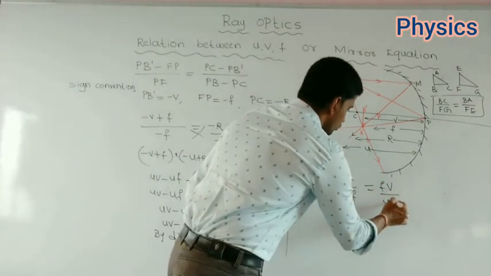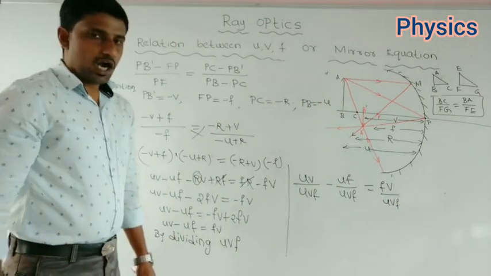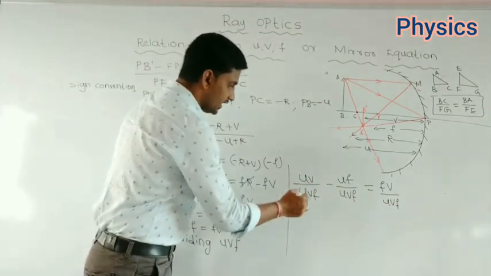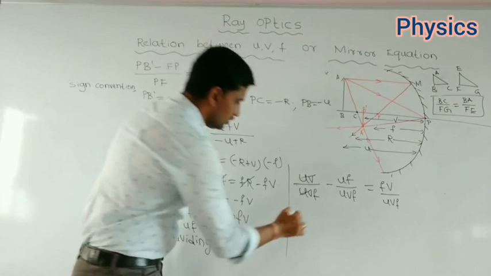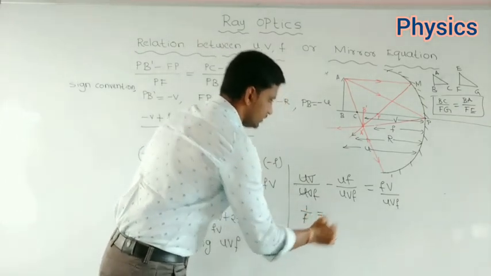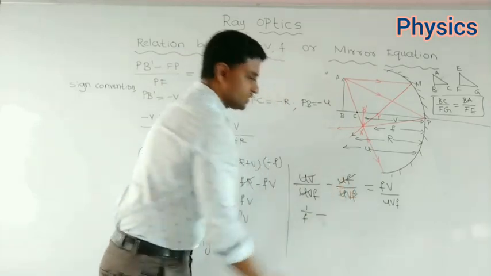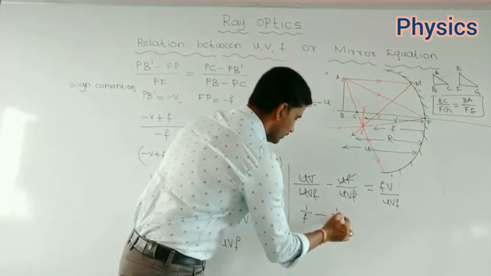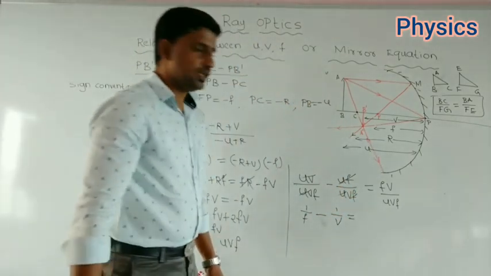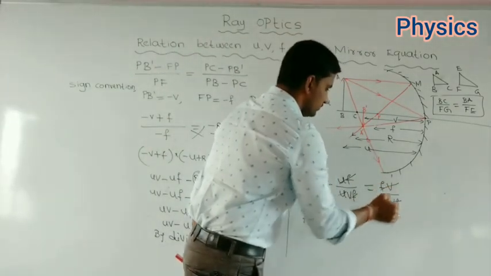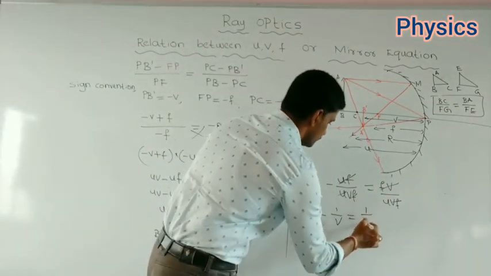After cancellation, uv gets cancelled, then I will get 1 by f, minus, here uf cancels, then 1 by v is equal to, here fv gets cancelled, then I will get 1 by u.